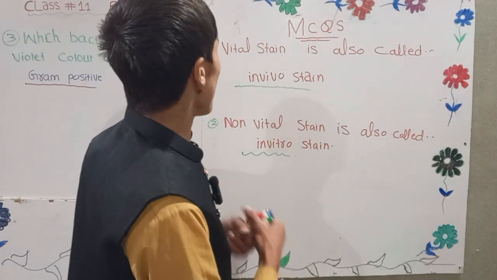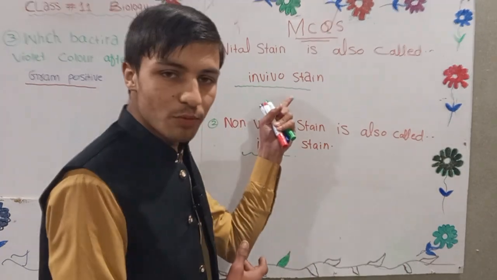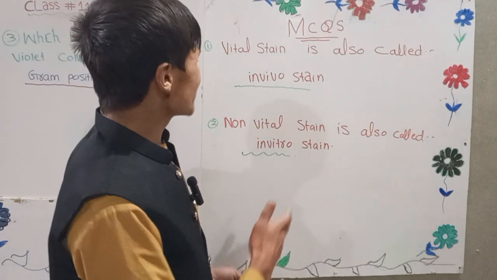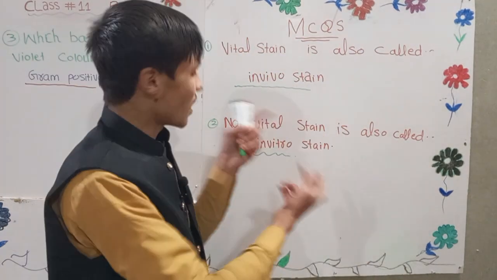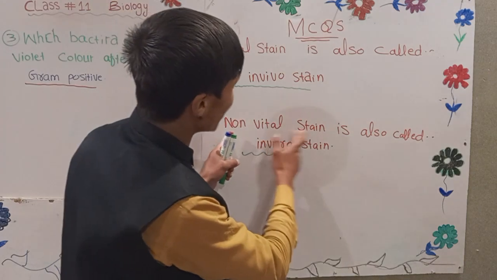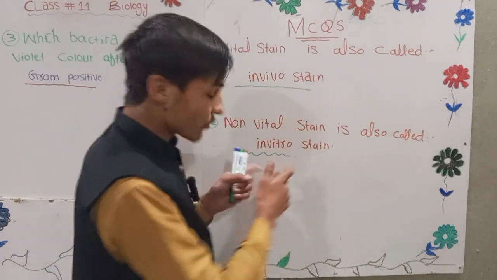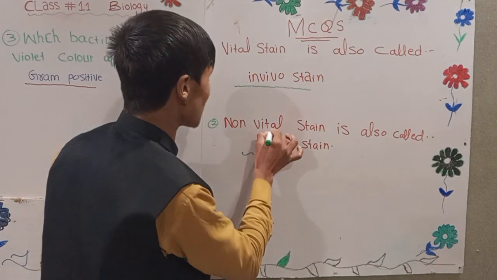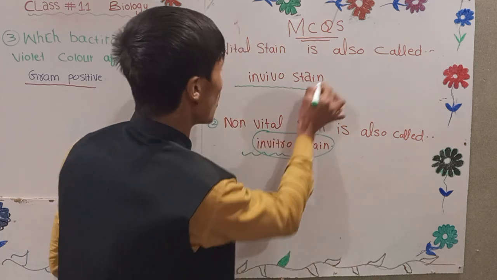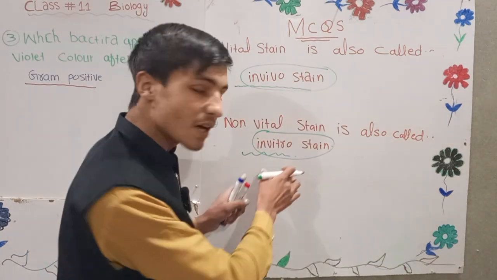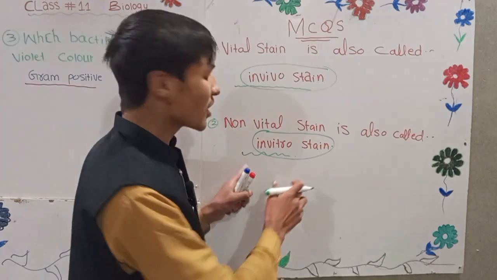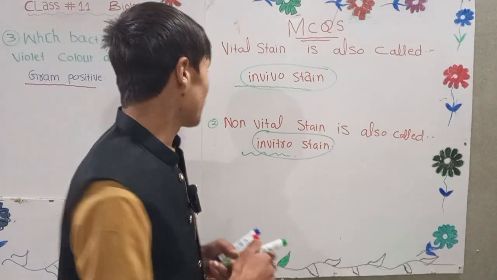And non-vital stain is also called in vitro stain. In vitro stain means that we use it for non-living things. Why is this called in vivo stain? Because we use it for living things. Why is this called in vitro stain? Because we use it for non-living things.